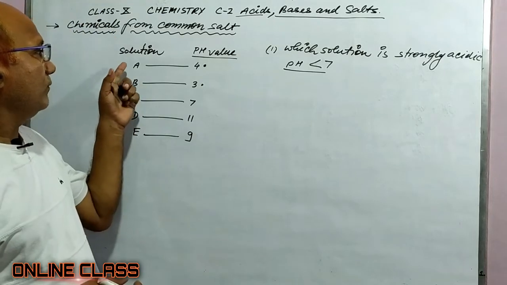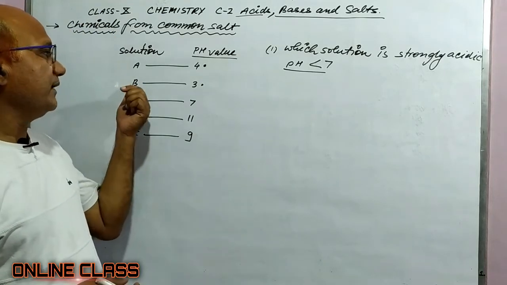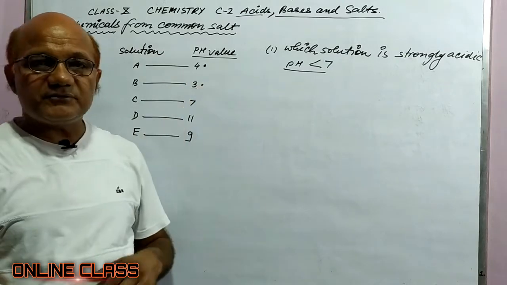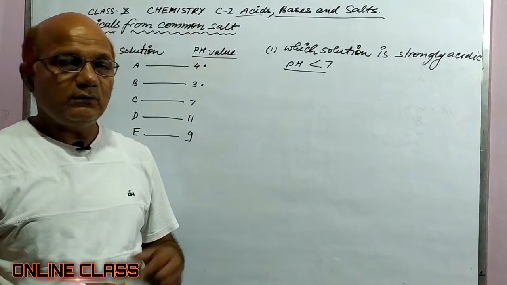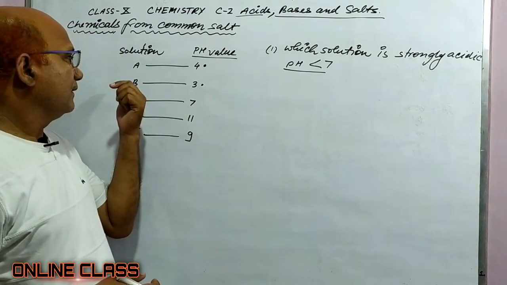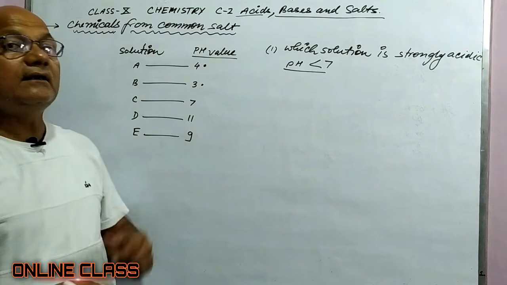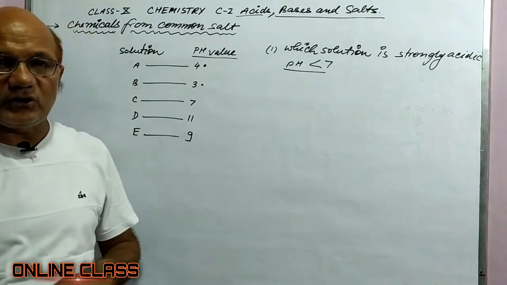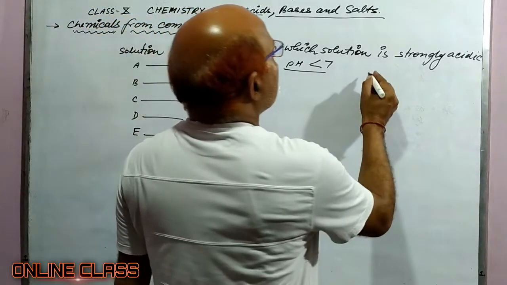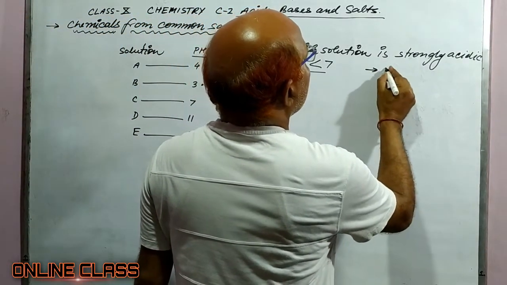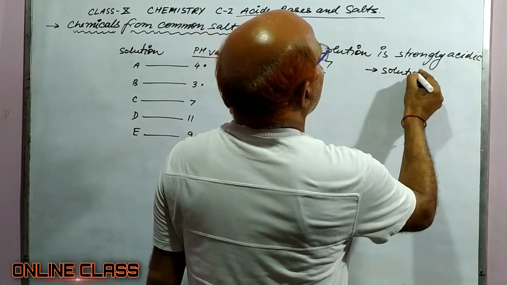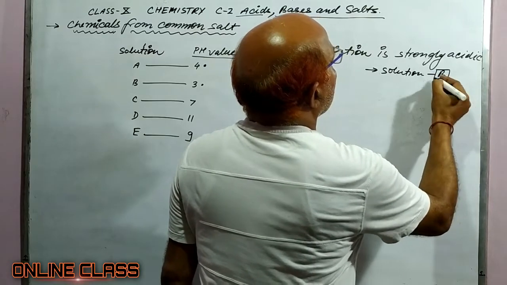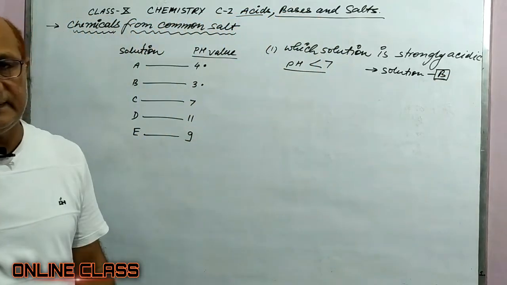So, out of A and B, B has pH value 3, it means it has lesser pH value. Okay. So, this solution has greater hydrogen ion concentration. It means solution B is strongly acidic. So, the answer is, what is the answer? Solution B. Solution B is strongly acidic.